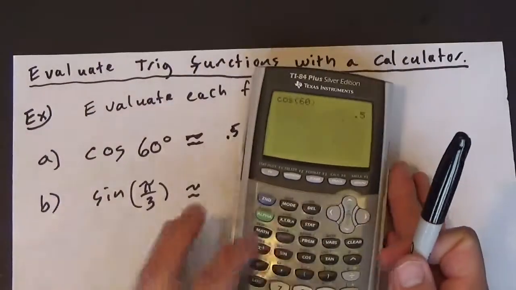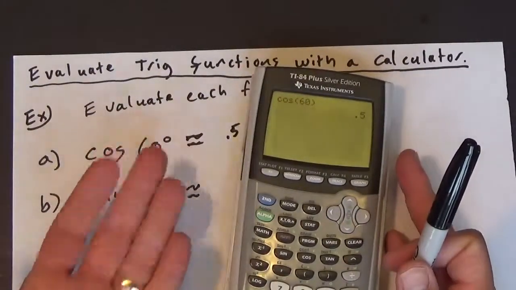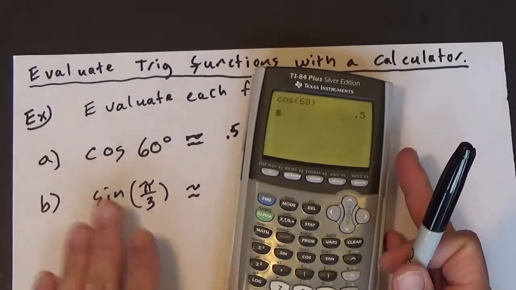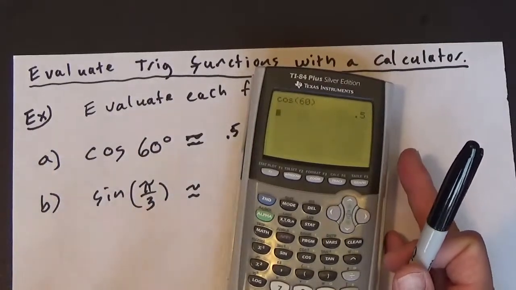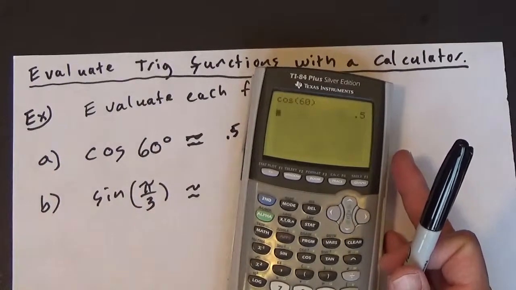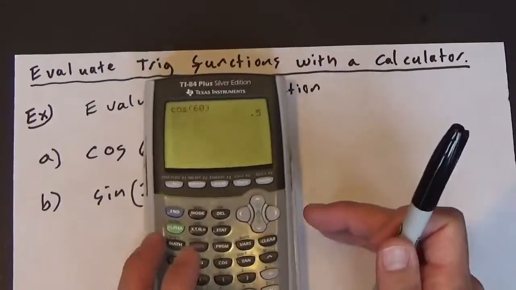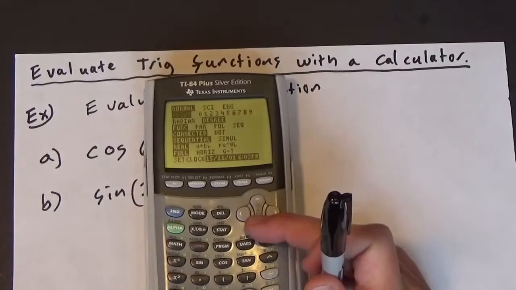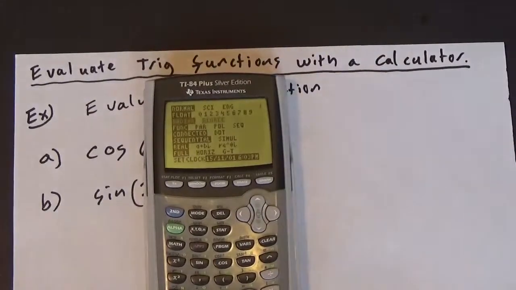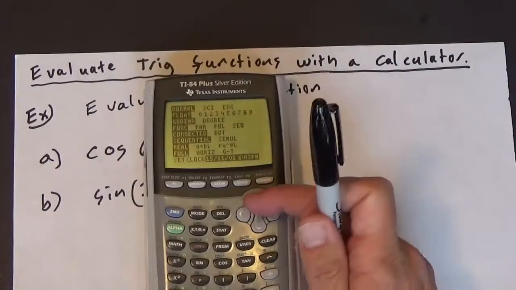Now this one, pi over 3, because it doesn't have a degree sign, is in radians. Remember that if you don't have the degree sign, it is radians. So we have to go back into our mode, go down to radians, hit enter, and make sure radians is now highlighted.